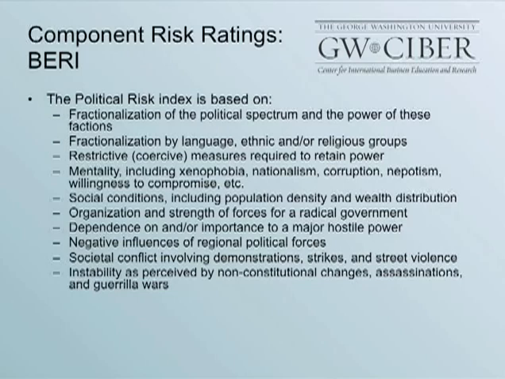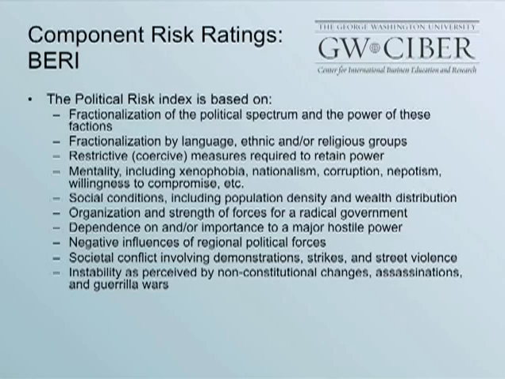I think what they're thinking of is sort of the possibility of some major change, dependence on and or importance to a major hostile power, I guess either support or hostile.